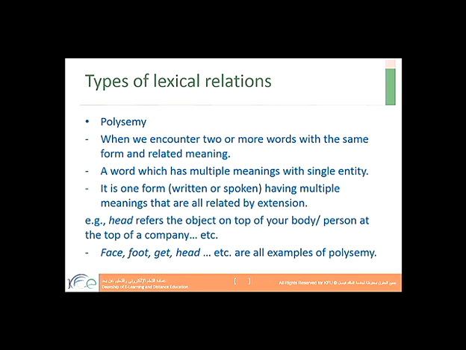So we have the same word with multiple meanings. Same thing with these examples of polysemy, like face, foot, get, head. These can be used very differently to express numerous meanings based on different contexts.